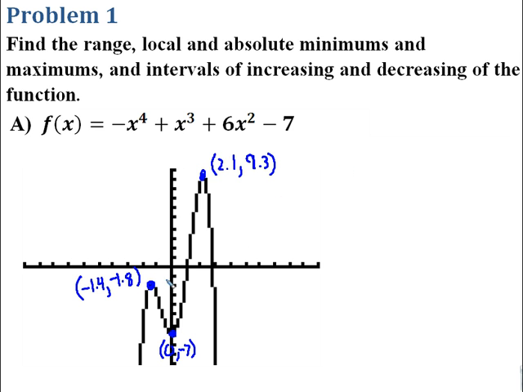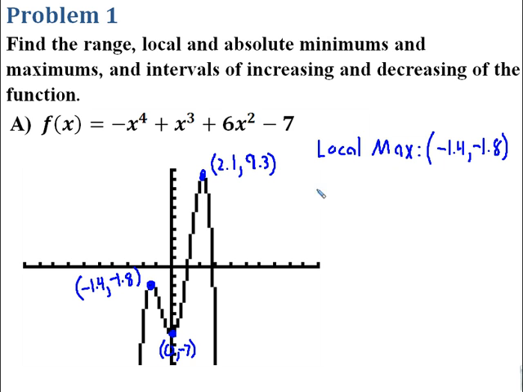Okay, starting on the left, looks like I have a local max at negative 1.4, comma, negative 1.8. And we're going to give the x and y coordinates for that, so that's a point, not an interval.